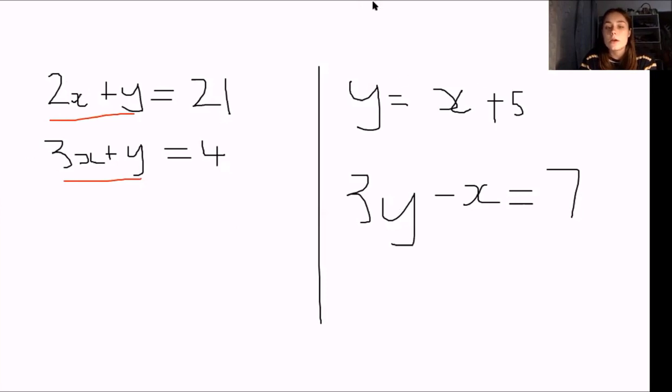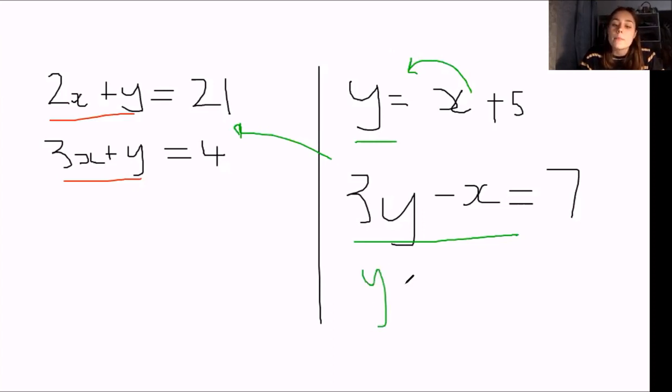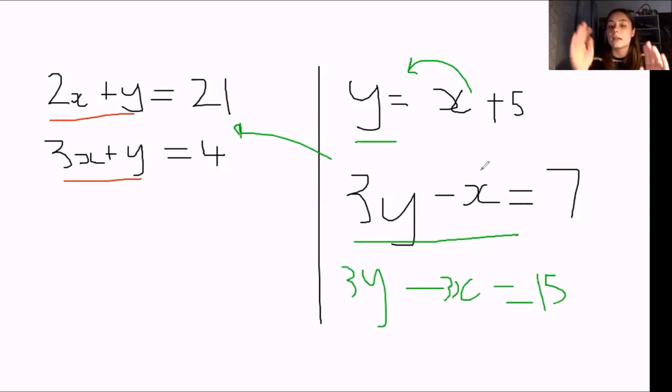Whereas on this one over here, I did it in green, y is by itself, but on here we have 3y minus x. So if we were to try and make them like the red ones, you'd have to add x over to this side. So you could do it. You could have y minus x equals 5 and then times this one by 3 to get 15. 15 and then elimination. Does that make sense? Yeah.